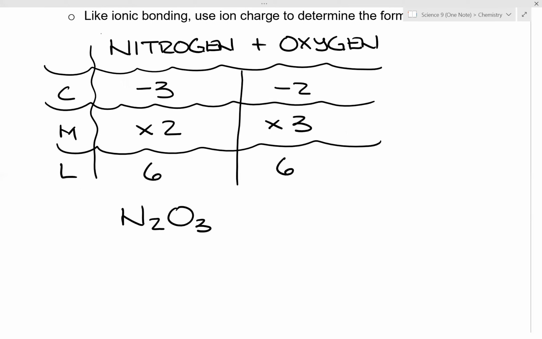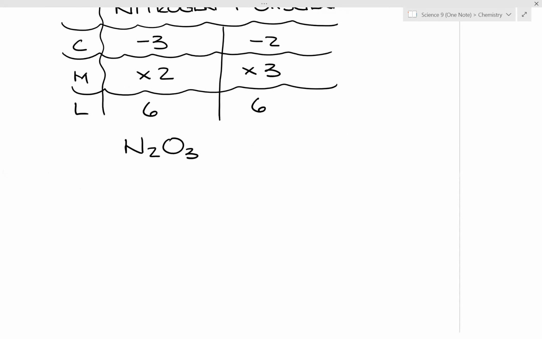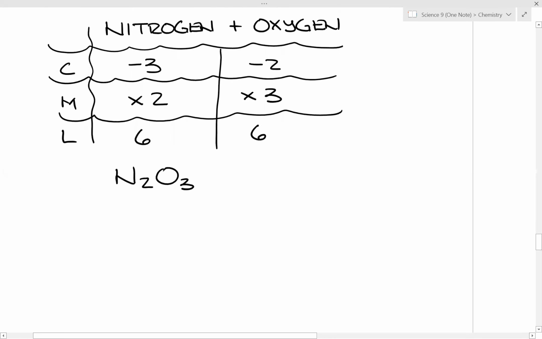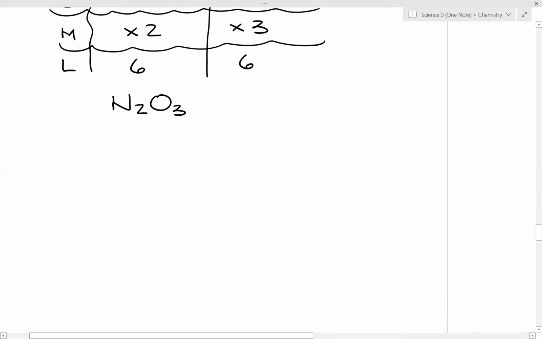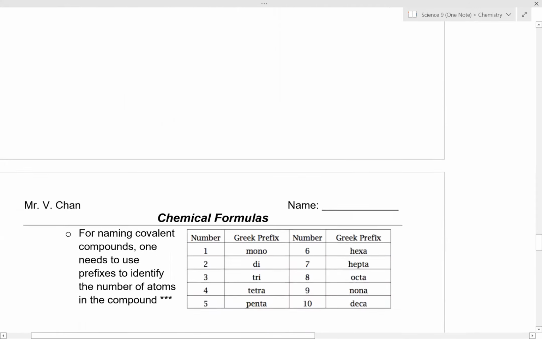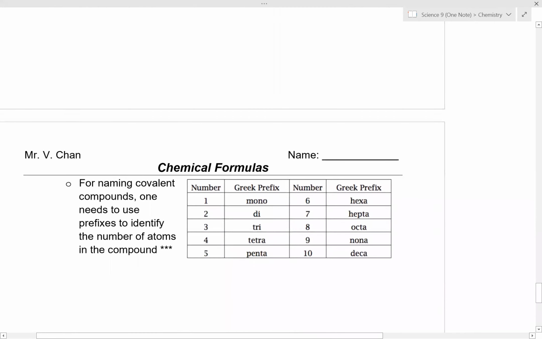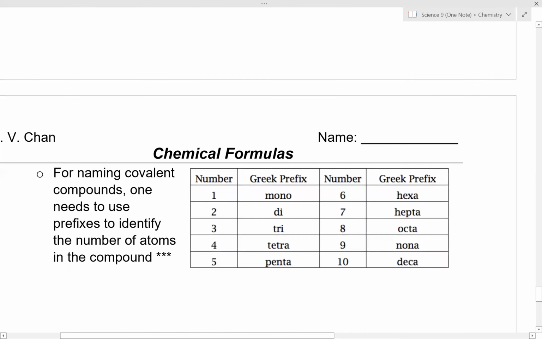Now, when we look for the name of N2O3, it says here, for a covalent compound, one needs to use prefixes to identify the number of atoms in a compound. Notice I've given you a list of the numbers with the Greek prefix. For number 1, the Greek prefix is mono, number 2 is di, number 3 is tri, and so on.